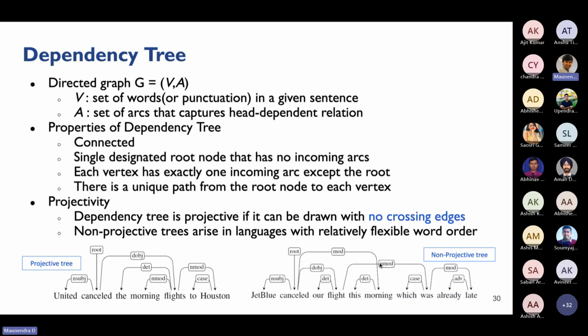If that is the case, then it becomes non-projective. So projective trees have no edge crossing, while for trees that are not projective, there will be edge crossing if we draw the dependency relations. Typically non-projective trees are very common in languages where word orders are very flexible. On the other hand, English has some very strict rules like subject, verb, and how the things are organized. So this is one thing.